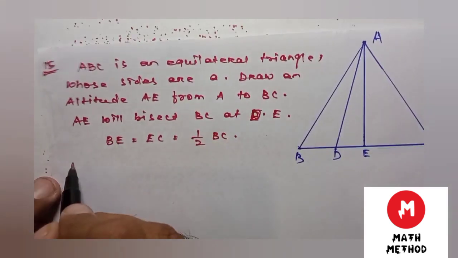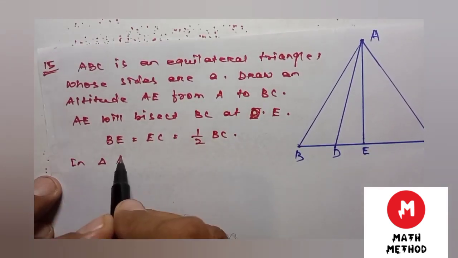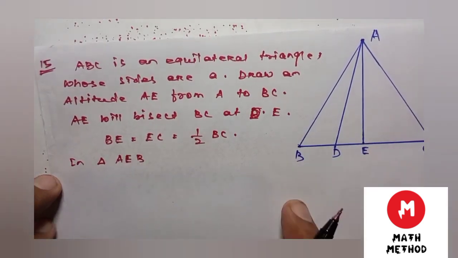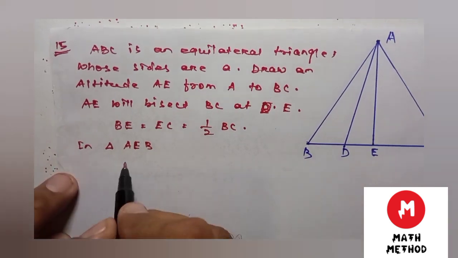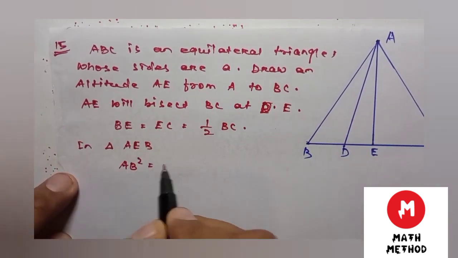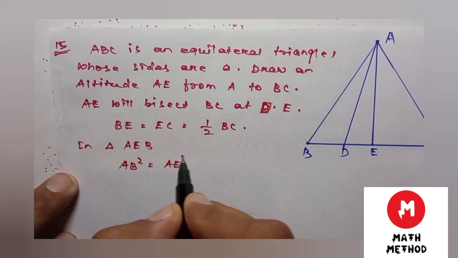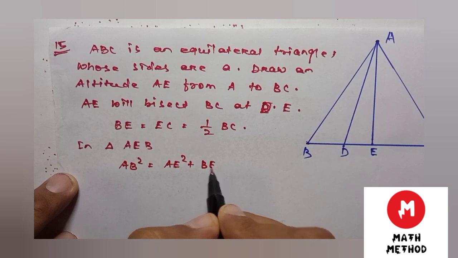Now in triangle AEB, AB square equals AE square plus BE square.